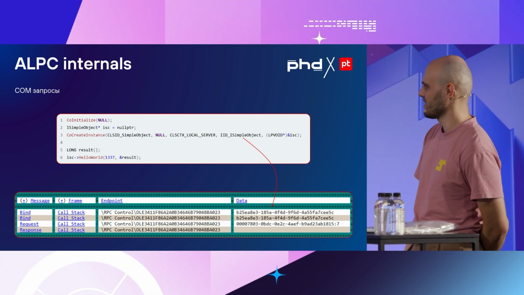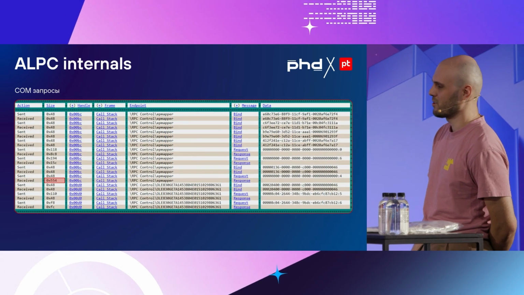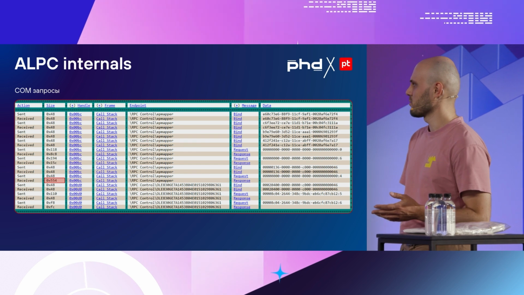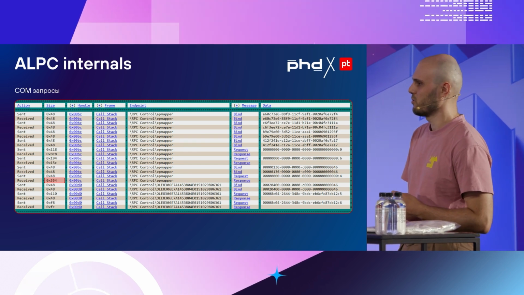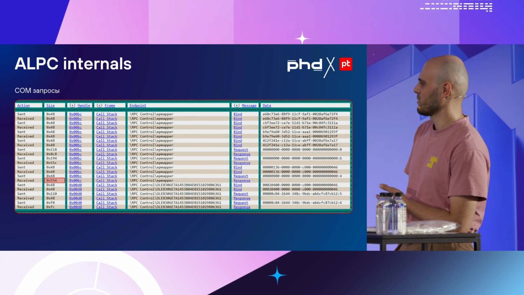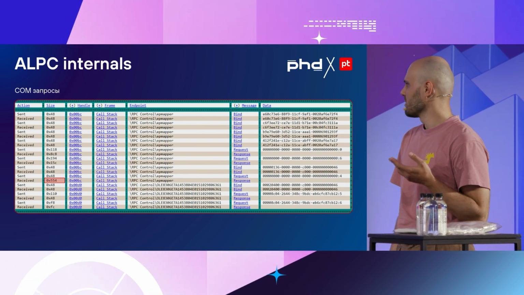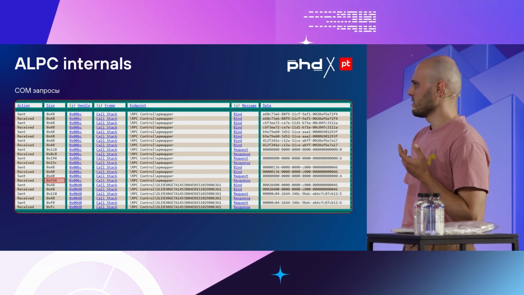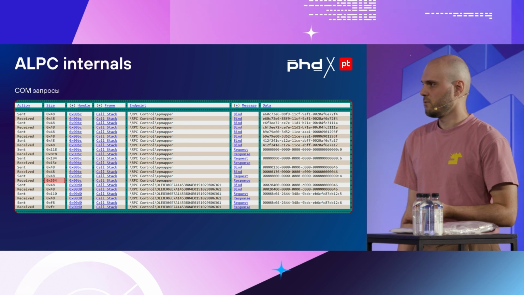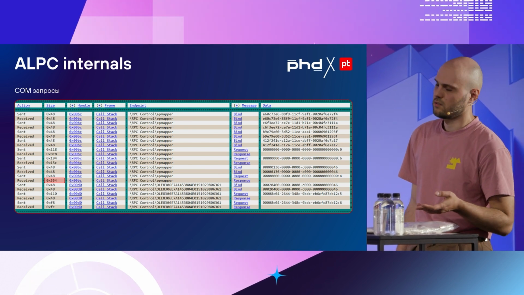It looks like 4 ALPC packages, but actually there are many more of them. First, there are a lot of requests to the endpoint mapper, so that the endpoint mapper would load the COM object, so the service. Then, on the slide you cannot see this, but there are also verifications there, rights verification, ALPC service.